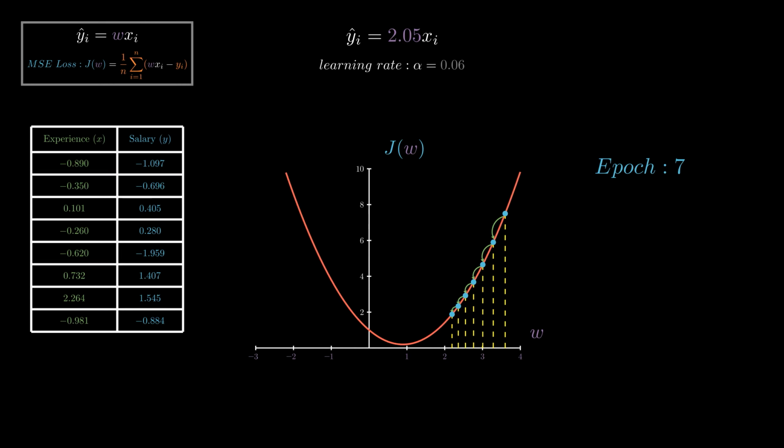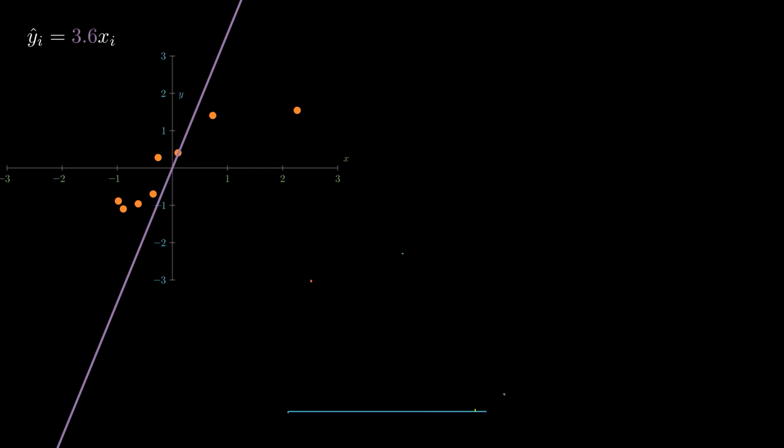As you can see, the step sizes keep on reducing as the model approaches the global minimum. Let's try to see how this process affects the fitted regression line.